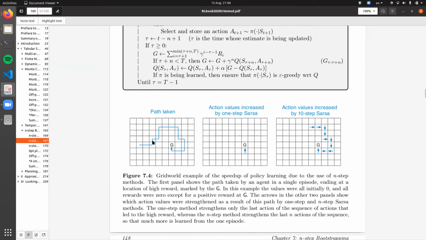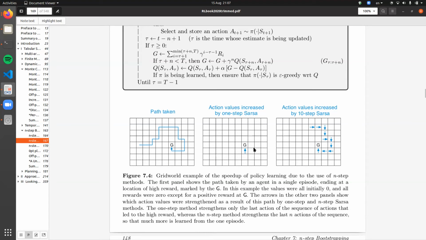Here's our path towards some location with the reward marked as G. In the case of one-step Sarsa, we will use this G only to update the Q value for the previous time step, right? And to propagate it further down this sequence of actions, we will need multiple iterations, right?